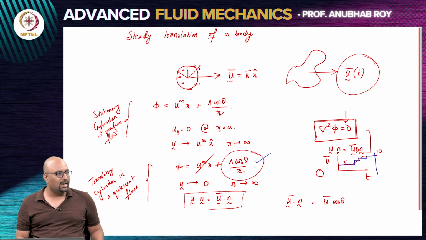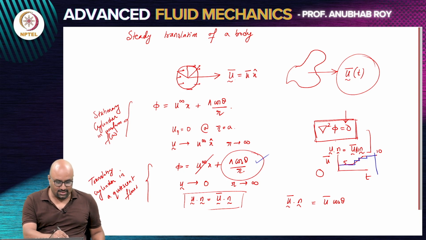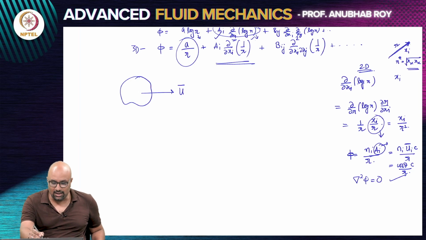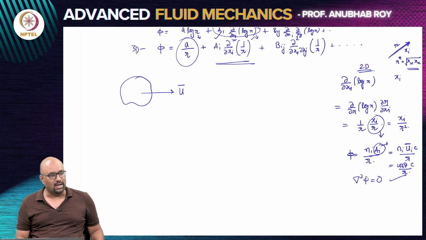You do not need to really solve this using solutions in polar coordinates or things of that sort. You can directly start off by saying that the solution that you have here would involve a gradient of log R dotted with something that is proportional to your velocity and a constant. So, that gives you the dipole solution.